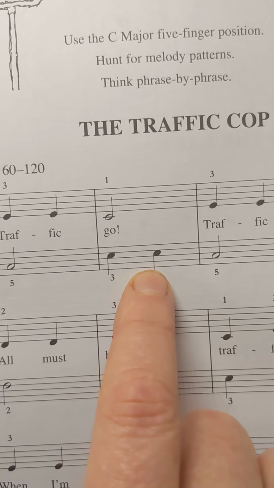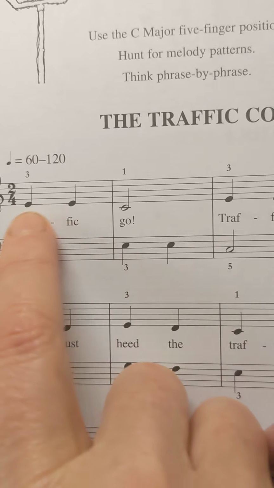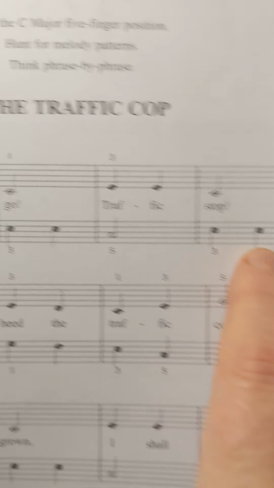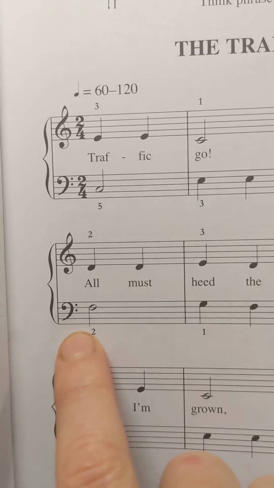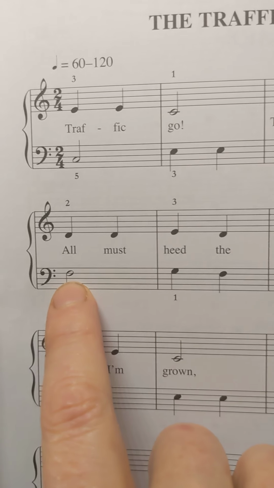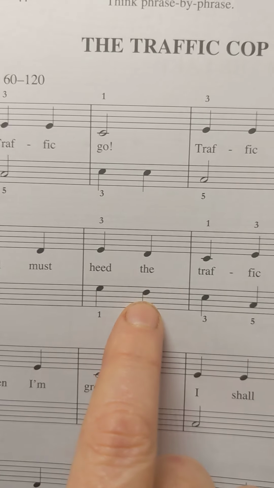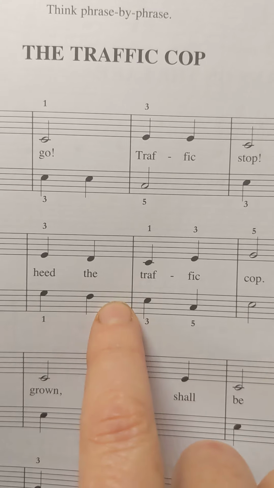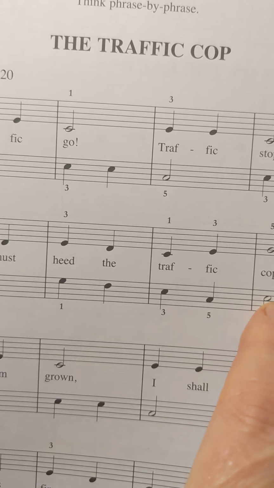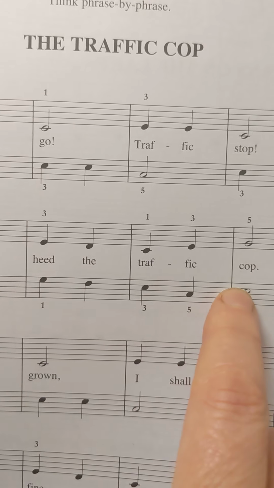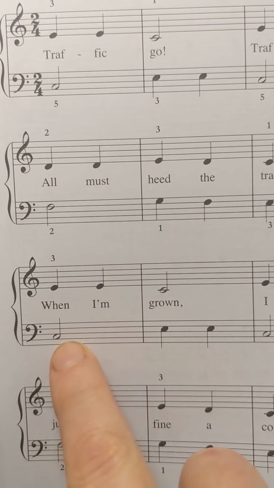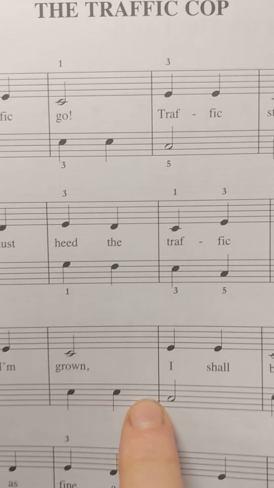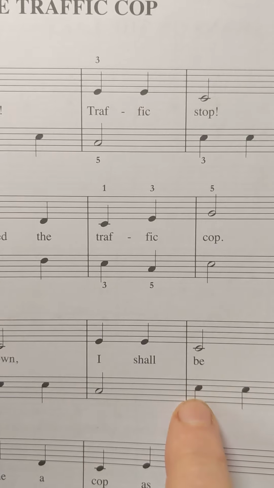Okay, C, E, E. And then there's that little echo we talked about, E, E, C, E, E, C. And then here it is again, E, E, but it doesn't go to C. They go up to an F, and then a G and an F. And then here we got E, C, E. We're seeing a lot of E and C combinations in here, skipping down to the C, skipping up to the E. Here we are down to the C again, and then back up to the E, and the C, and the E's.